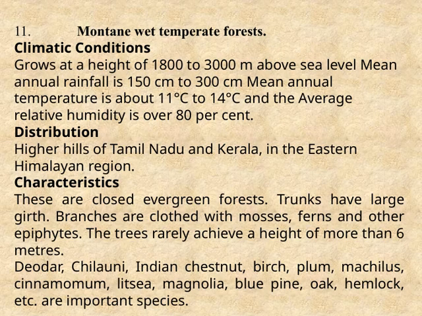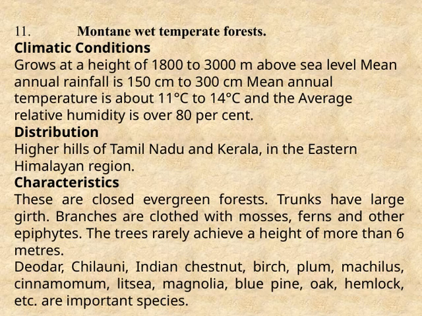These forests are typically found at elevations ranging from about 1,800 to 3,000 meters above sea level. The climate here is quite specific. They receive a significant amount of rainfall, between 150 to 300 centimeters annually, which sustains the lush greenery. The temperatures are moderate, averaging around 11 to 14 degrees Celsius, making it a cool and moist environment.